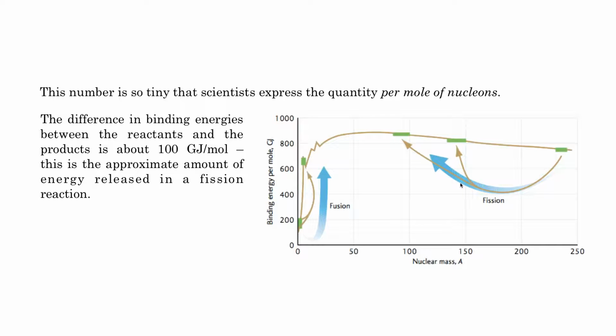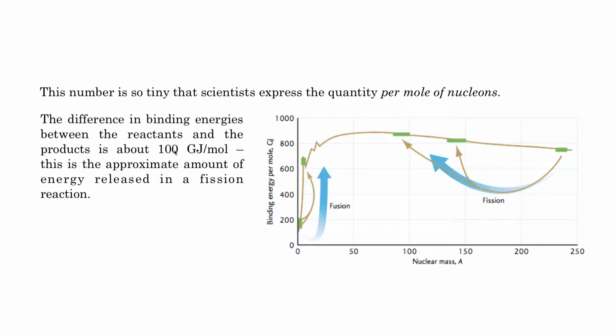The difference in the binding energy between here and here is about 100 gigajoules per mole. So this is 100 gigajoules of energy in 1 mole of substance, and that's basically the approximate amount of energy released in one fission reaction.